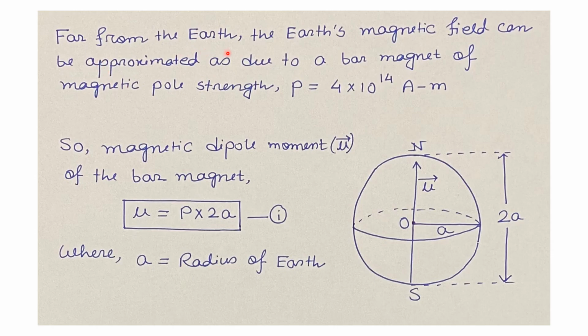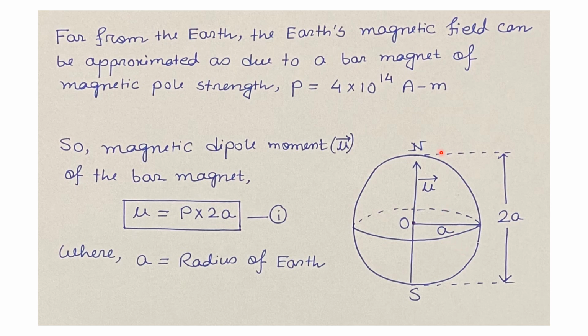Far from the Earth, the magnetic field can be approximated as due to a bar magnet of magnetic pole strength P equals 4 times 10 to the power 14 ampere meter. Now we can assume that this Earth's magnetic field is generated by a current carrying loop encircling the Earth's magnetic equator. The loop has radius a, which is the radius of Earth, and the magnetic dipole is directed towards the north.